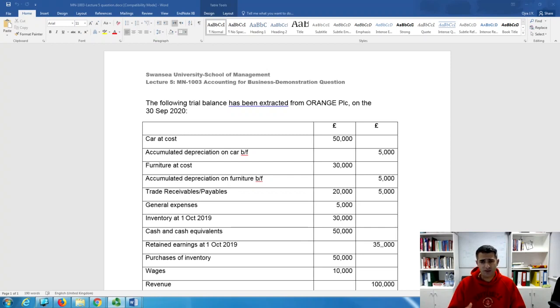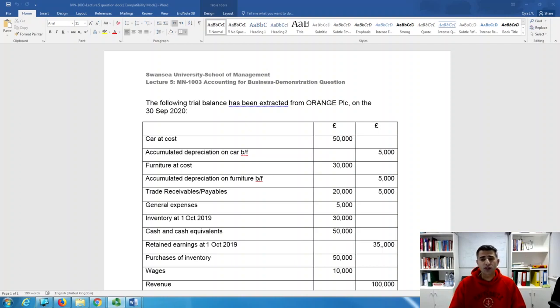Remember this is very important. The cost of sales equation is opening inventory plus purchases minus closing inventory. Anything to do with this should be under the statement of profit or loss.